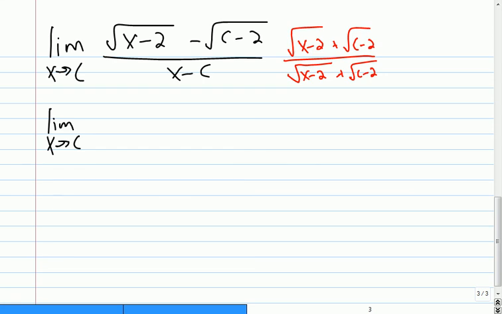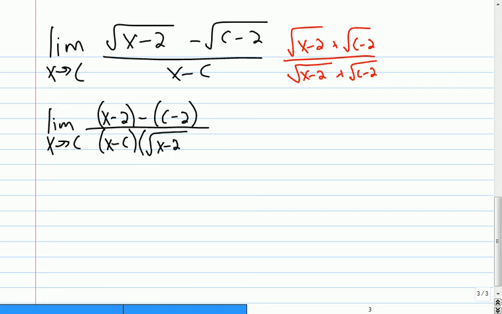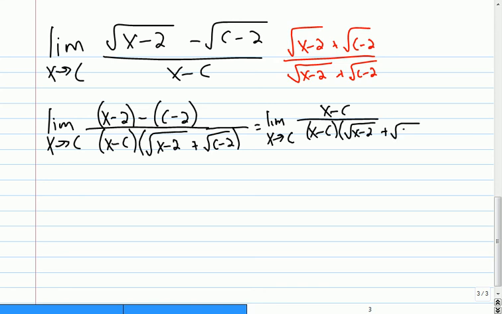So now I'm going to have x minus 2 minus c minus 2, and on the bottom I have x minus c times the square root of x minus 2 plus the square root of c minus 2. If I collect like terms on the top, this is why it works nicer with square roots: right away all that's left on top is x minus c. So it's going to get rid of that problem where I divide by 0.